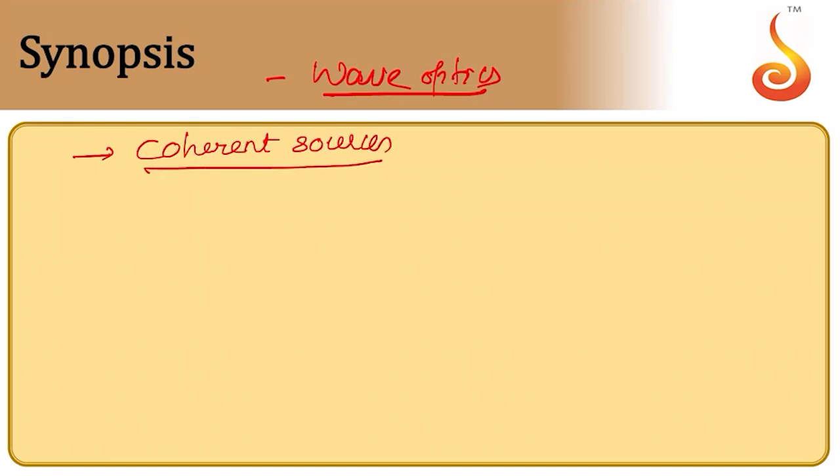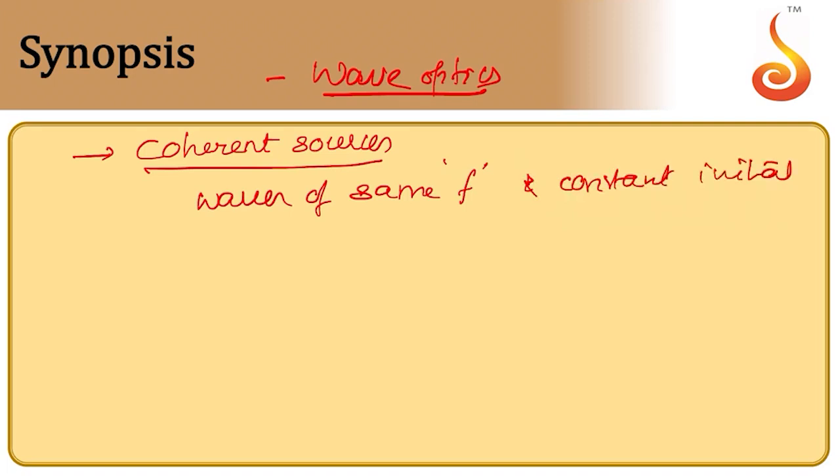What are coherent sources? Two sources are said to be coherent if they produce waves of the same frequency and hence wavelength and constant initial phase difference.